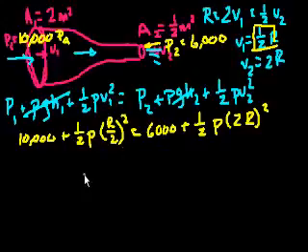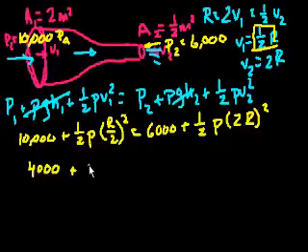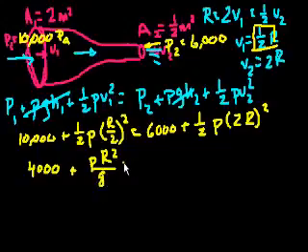So let's subtract 6,000 from both sides, and we're left with 4,000 plus, let's see, R squared over 4 times 1/2, so rho R squared over 8, is equal to, we already subtracted the 6,000 from both sides, 1/2 times R squared times 4.